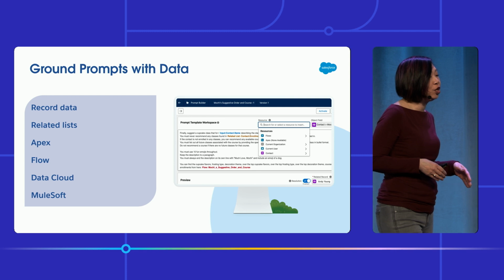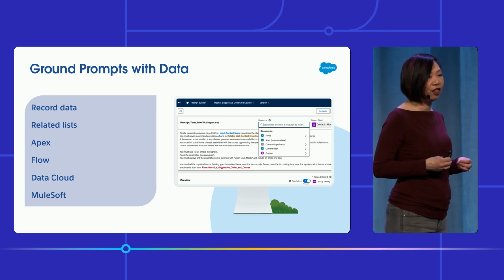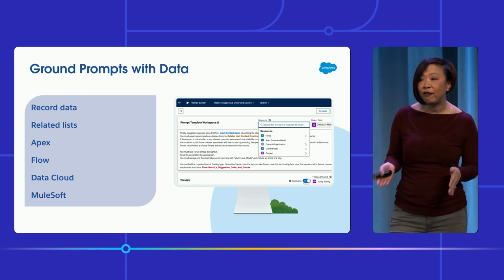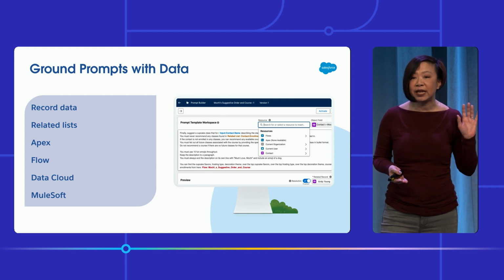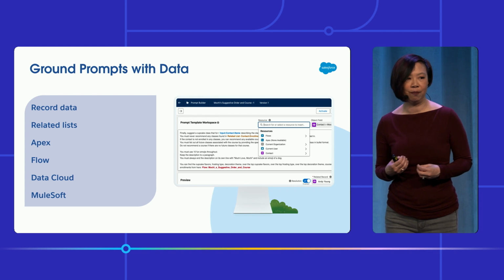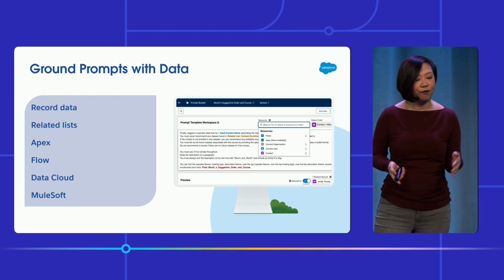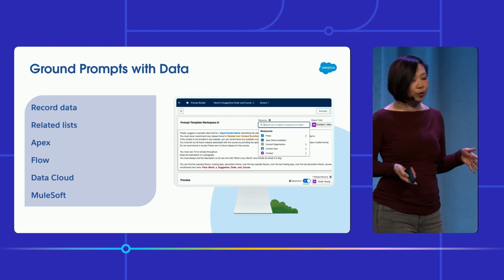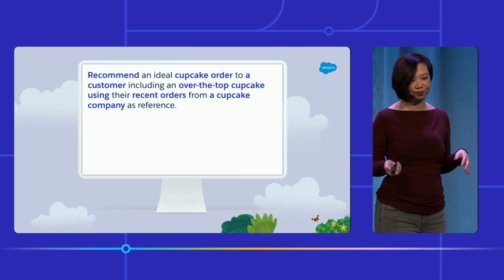Now, if you need to do more complex data gathering, you're going to use tools that you're already familiar with. So you're going to use Apex if you're a developer, or my personal favorite, Flow. Now, you can also bring in data from Data Cloud and external sources using MuleSoft.